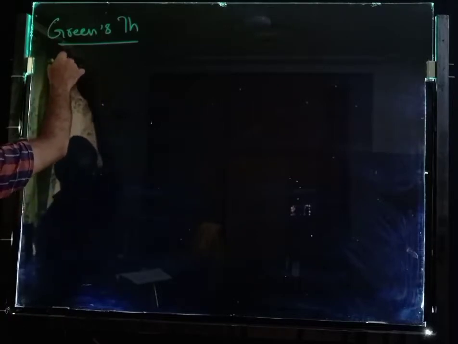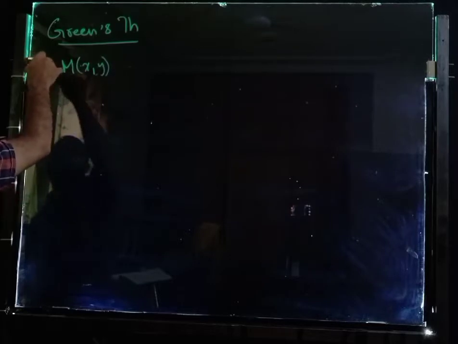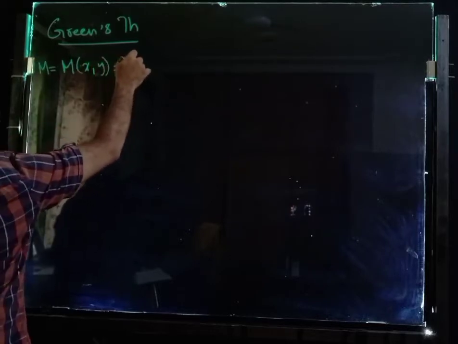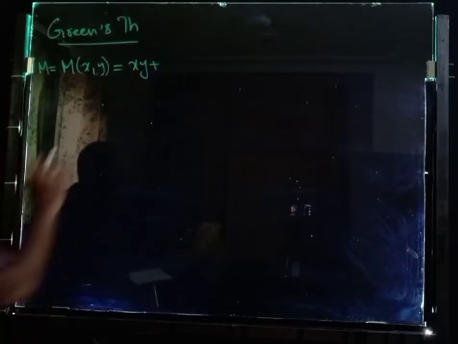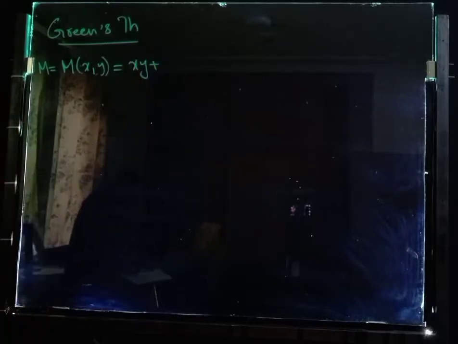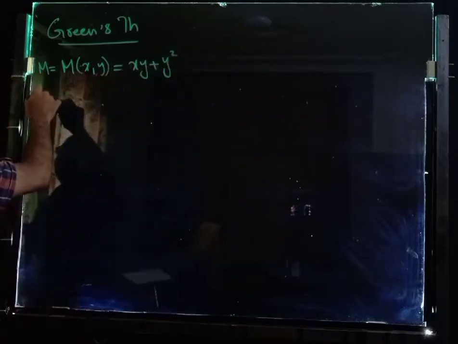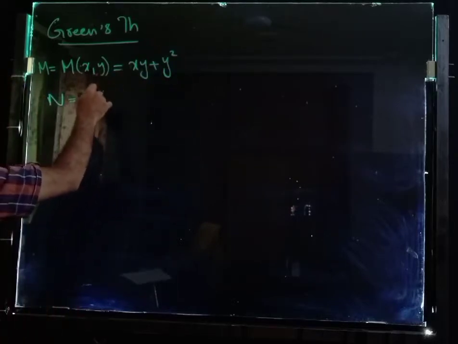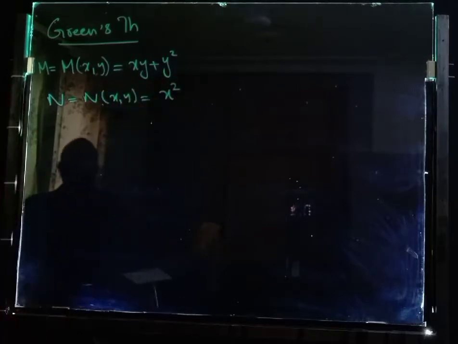Let's say M is a function of x and y defined as xy plus y square, and N is a function of x and y defined as x square.